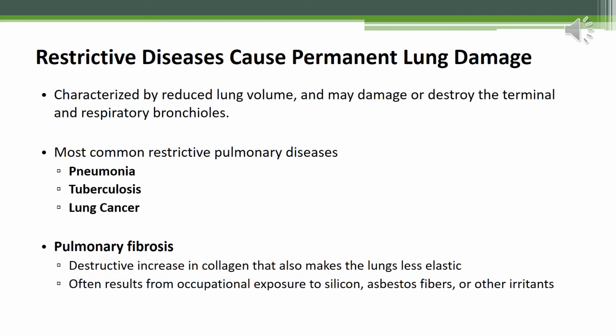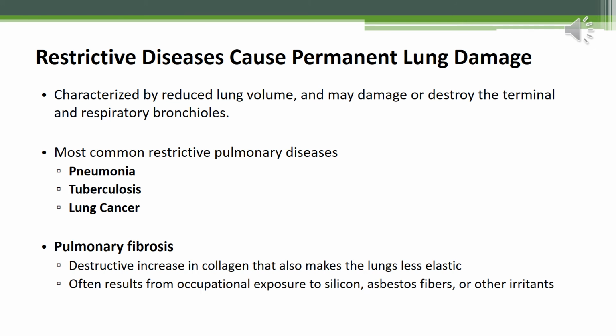Now we're going to talk about restrictive pulmonary diseases, and these can cause permanent lung damage. These are characterized by a reduced lung volume, and like I said, they may damage or destroy specifically the terminal and respiratory bronchioles. And we're going to focus on the three most common, mostly, and these are pneumonia, tuberculosis, and lung cancer.